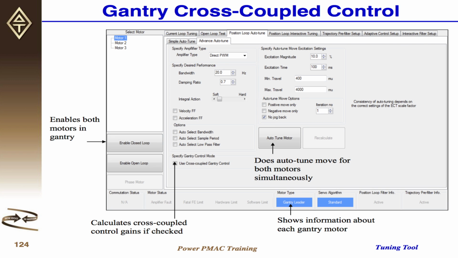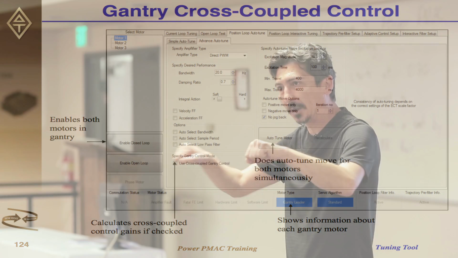And here, when it shows this, when you go to the Advanced Auto-Tune menu, you're going to see a checkbox here. If you don't check this box, if you do Auto-Tune move, by the way, the Gantry Auto-Tune is going to move both motors at the same time, so you don't need to do it once and twice. So it's going to do both identification routines and then come up with the gains for you.